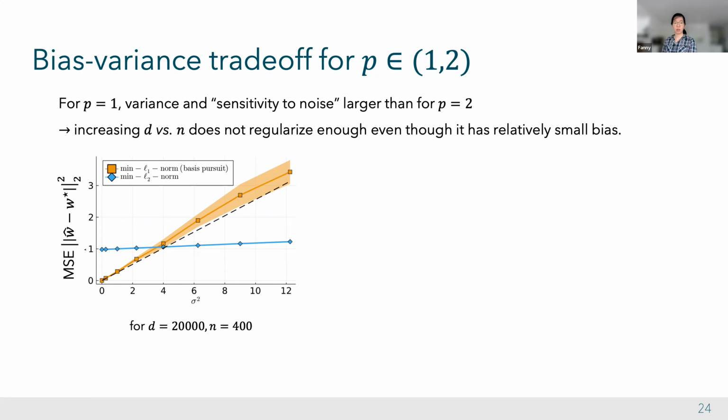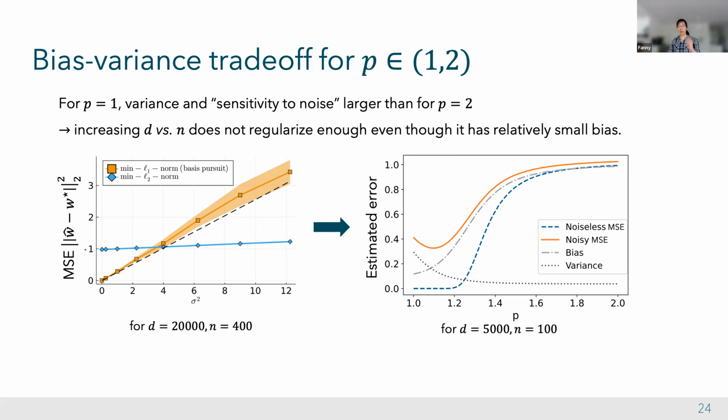And this is also what leads to the bias-variance trade-off, now plotted experimentally. So here we also have synthetic experiments for d equal to 5,000 and n equal to 100. There, just ignore the blue line for now. We have exactly the cartoon picture that I showed you before, now experimentally confirmed. The orange solid line is the noisy MSE, so the MSE when you're fitting noisy observations.